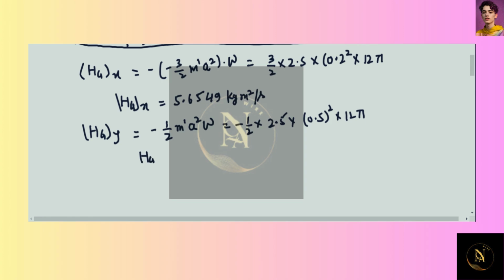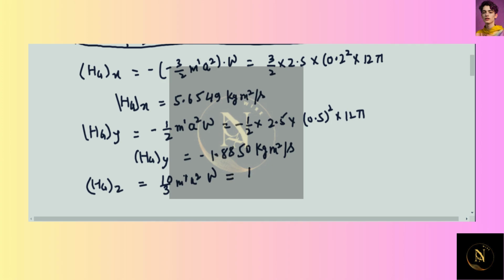So the angular momentum about the centroid along the y-axis is minus 1.8850 kg meter square per second, and along the z-axis it is 10 by 3 m dash a square omega.